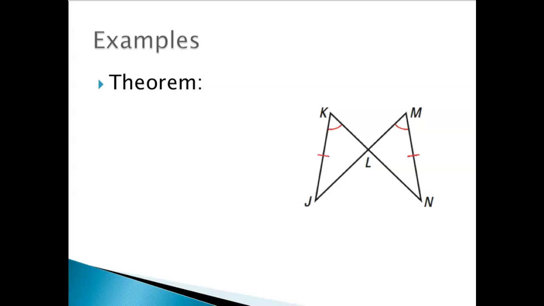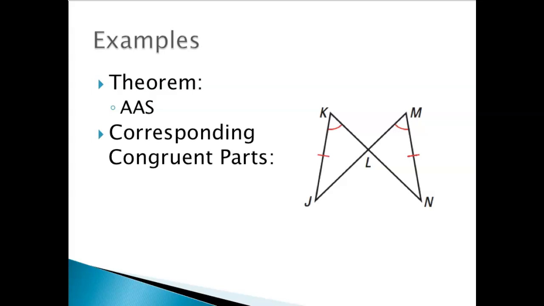So angle KLJ is congruent to angle MLN because vertical angles are congruent. So in that case, it looks like we have two angles and a non-included side congruent to the two angles and the non-included side of the other. So let's go ahead and list off those angles and the non-included side.